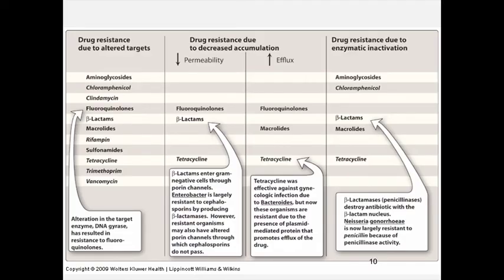Here's a picture of some of these things I was talking about. I should have had it up as we go. So these would be bugs that have become resistant because they alter the target binding site, whether it's an enzyme, whatever it is.